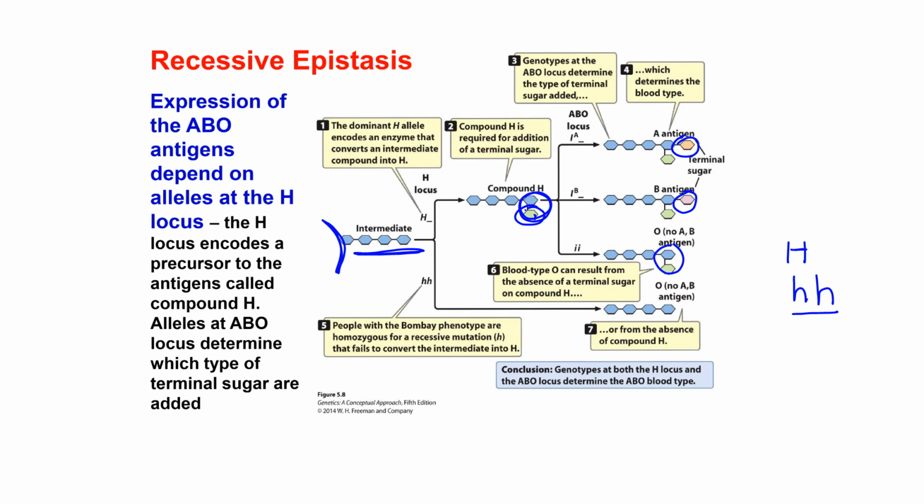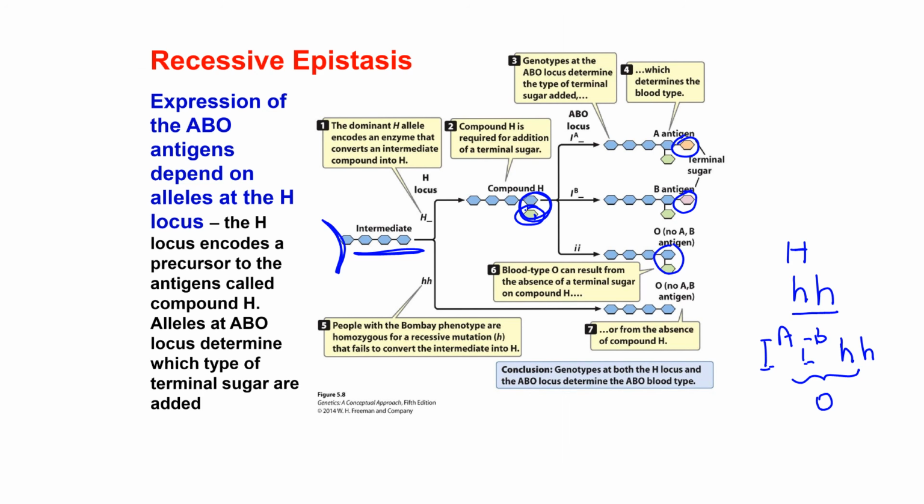So in this case, a person who is homozygous recessive for H can have alleles that would encode, let's say, blood group AB. However, it has homozygous recessive alleles in the H locus. Also, it does encode enzymes for attachment of terminal sugar for A and B. It would have blood group O because those enzymes cannot function.